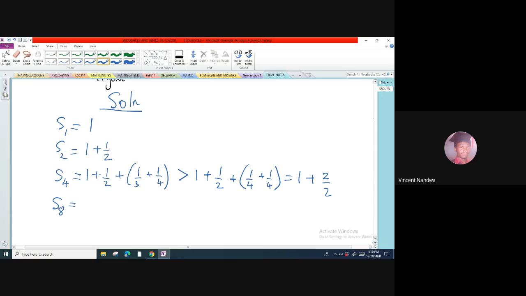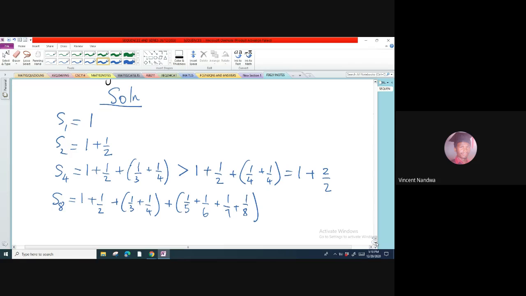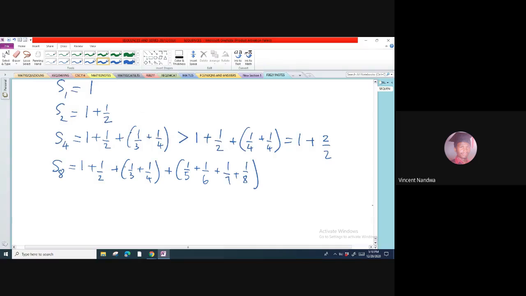S8 is 1 plus a half plus a third plus a quarter plus 1 over 5 plus 1 over 6 plus 1 over 7 plus 1 over 8, which is greater than 1 plus a half plus a quarter plus 1 over 8 plus 1 over 8 plus 1 over 8 plus 1 over 8.